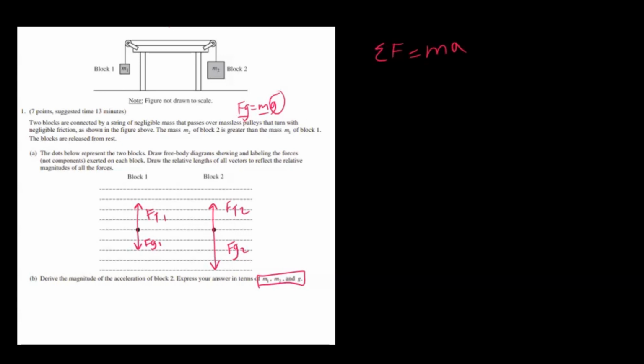So already looking at this problem now, we want to isolate and find the acceleration of block 2. I think a quite simple way to think about this is the acceleration of the system. Because since block 2 is greater in mass, the entire system is obviously going to accelerate towards that side. And because of that, block 1 is sort of taking away as the negative, and block 2 is like the positive. Okay?